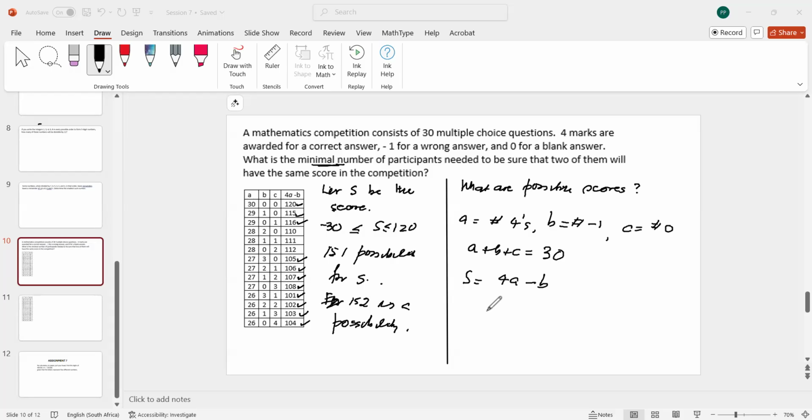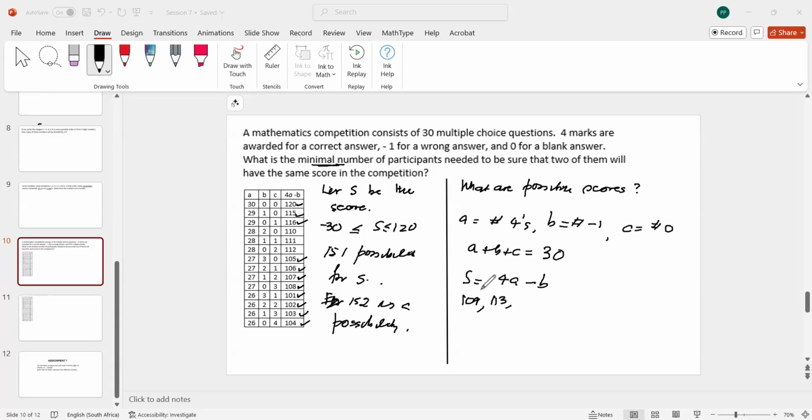Like 108, 109 is missing. So 109 cannot be attained. Can you see? It's not there. And then 110 is yes, 111 is yes, 112 is yes, but 113 is missing. So 113 is a score which cannot be attained.